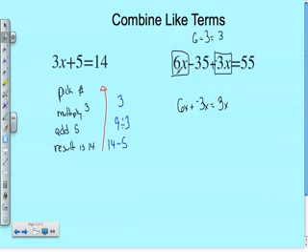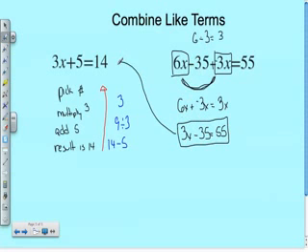We know that 6 minus 3 is 3. Well, this is no different if we have 6x plus negative 3x. Everything's going to stay the same. We're just going to keep our variable. So we have 6 minus 3 is 3, so 6x plus a negative 3x is 3x.